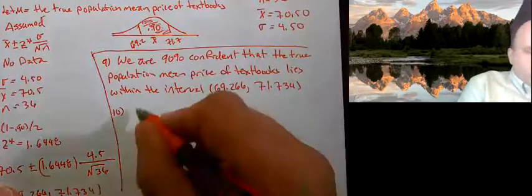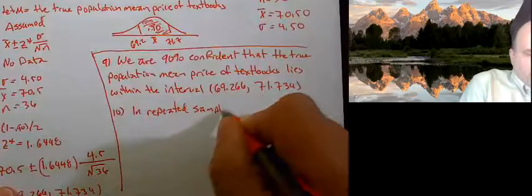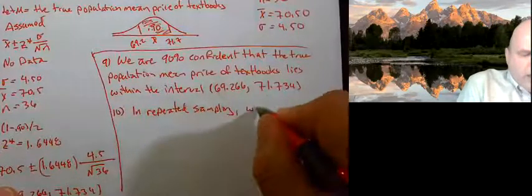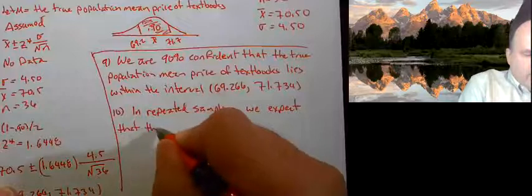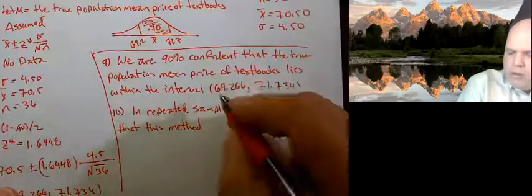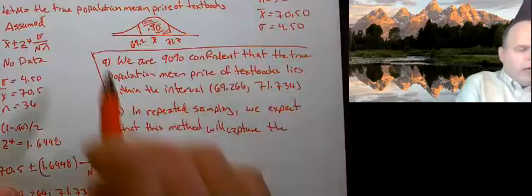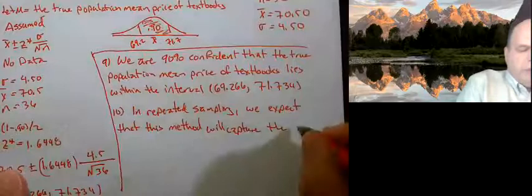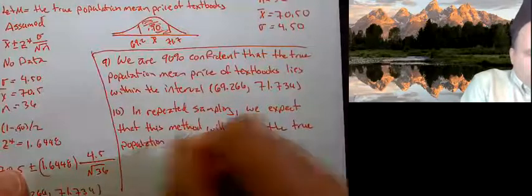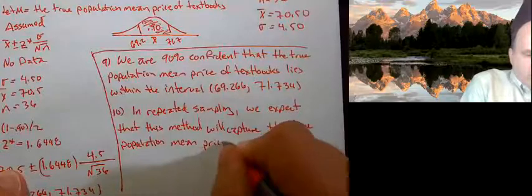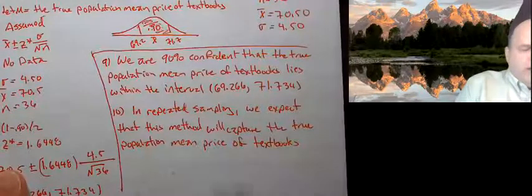All right, so in repeated sampling, we expect, and so far I'm just copying straight off the template, that this method will capture, and now I'm going to restate what I have here, the true population mean price of textbooks 90% of the time.